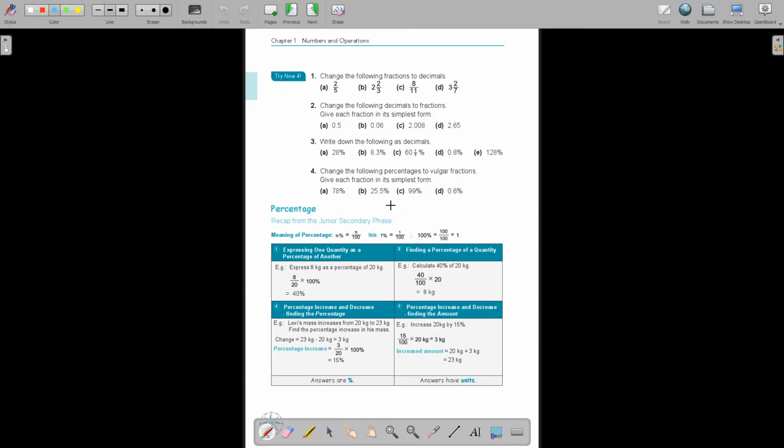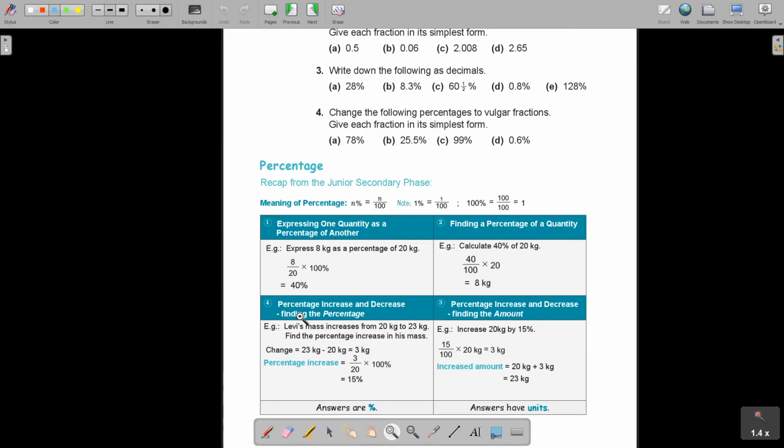Percentage. And really, this table is really going to help you. Can I just quickly refresh your memory on this one? So it's not asked, I'm just showing. Remember, if they say express one quantity as a percentage of another, if the units are the same, you just put the 1 over the total times 100. If they say calculate 40%, it's 40.